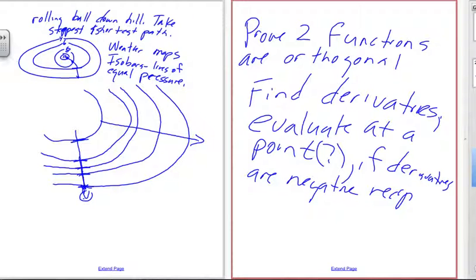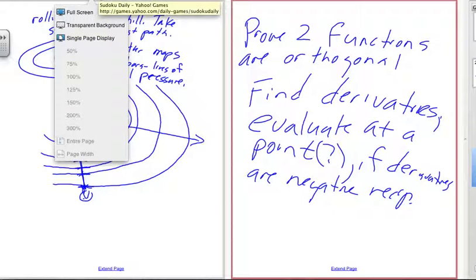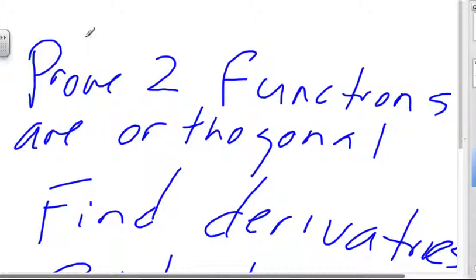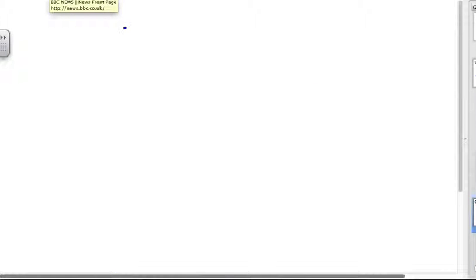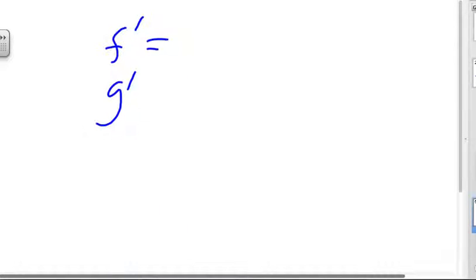So let's take a look at an example. I'm not going to work through all of one for you, but we'll take one. Let's say we've got two functions f and g. F prime we found out was 1 over 2x squared.